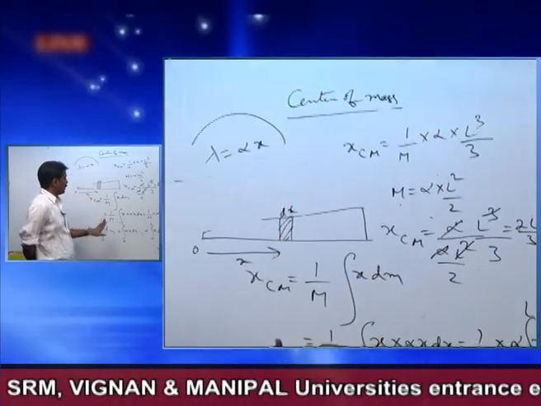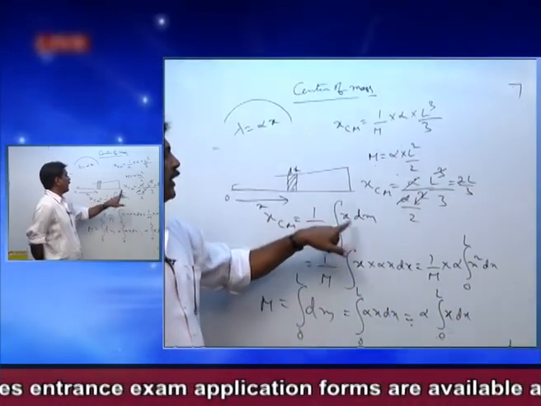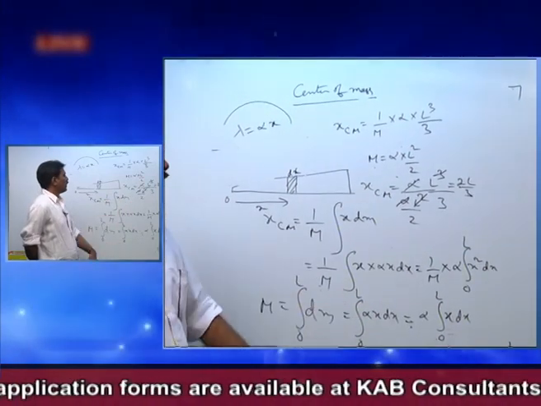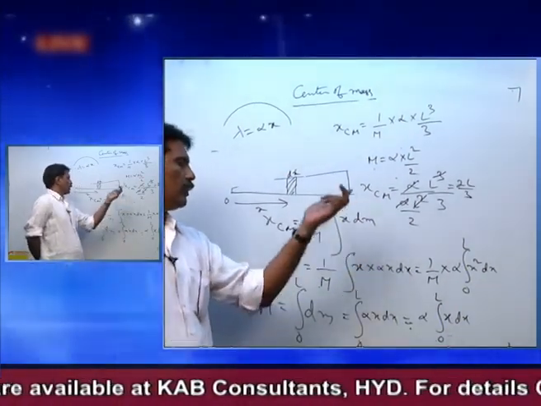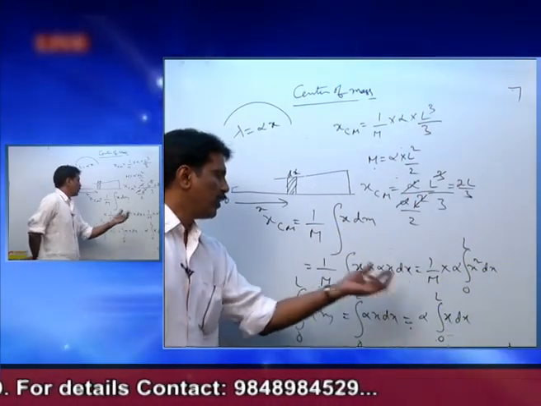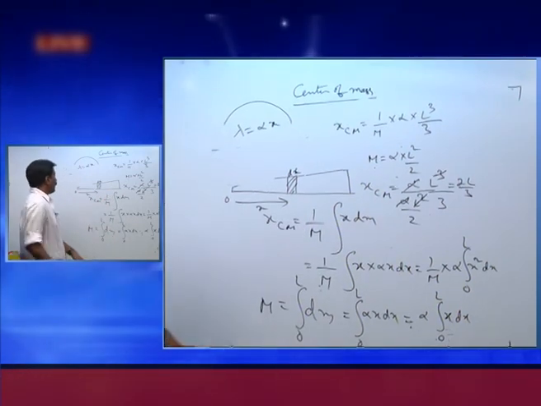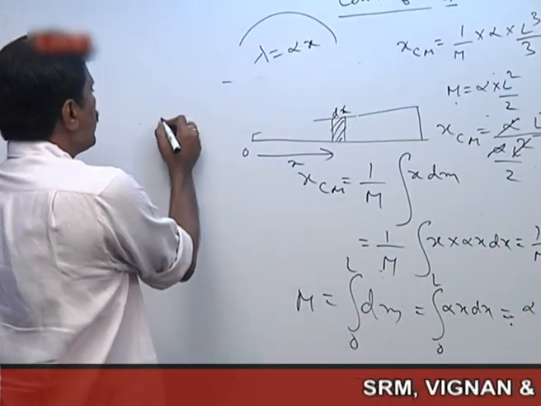The steps are simple. You write the same thing here. XCM is equal to 1 by m integral x dm. Same formula. Find dm. Then substitute the value of dm here. Then for m, again use the relation. Or you write the formula itself like this.